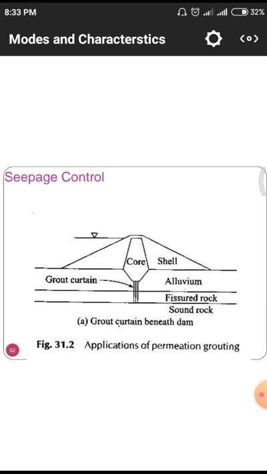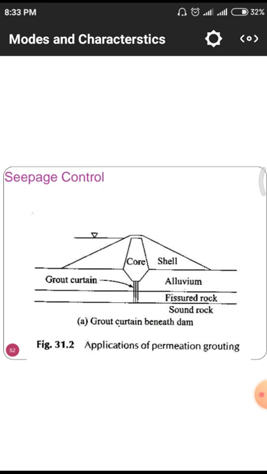Normally if it is an earth dam, the dam has some earthen materials, and those have some seepage properties. Due to those properties the water will move from one direction to another direction with some quantities of losses. To control those kinds of losses they have to utilize this core and alluvium, fissured rocks, sound rocks.